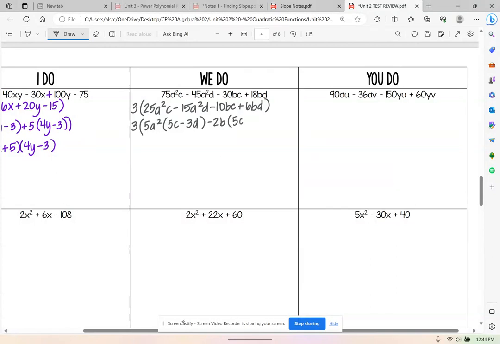So I have 5c minus 3d. GCF, factor, factor. What goes in my first group? 5a squared minus 2b. And then 5c minus 3d.